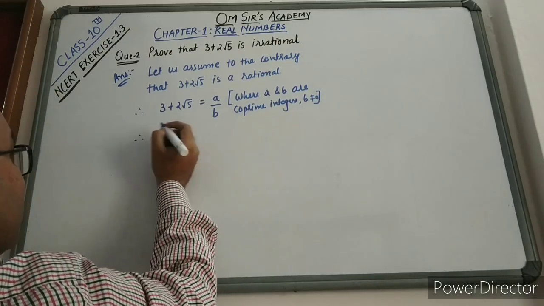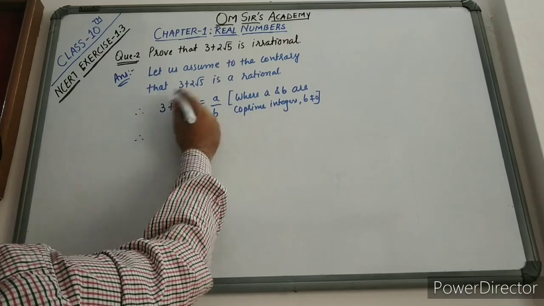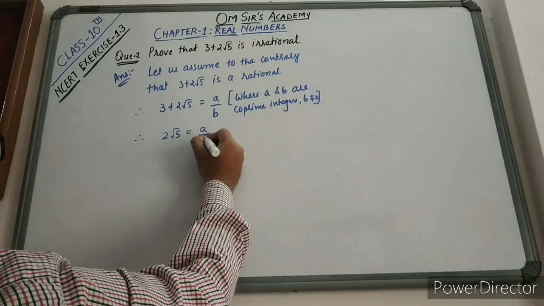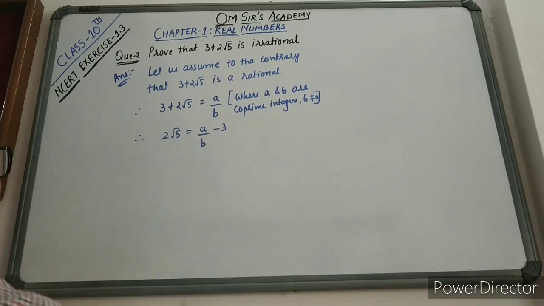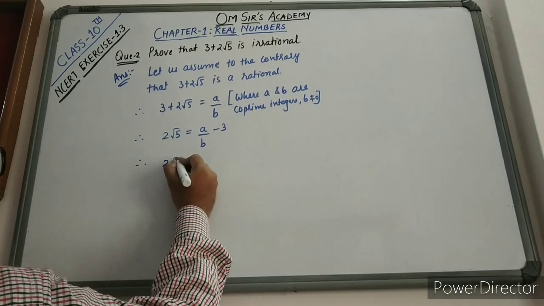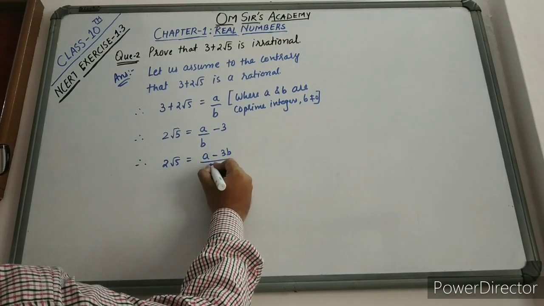So therefore, if I take this 3 to that side, 2 root 5 equals to a upon b minus 3. Is it clear? If I take the LCM over here, 2 root 5 equals to a minus 3b upon b.